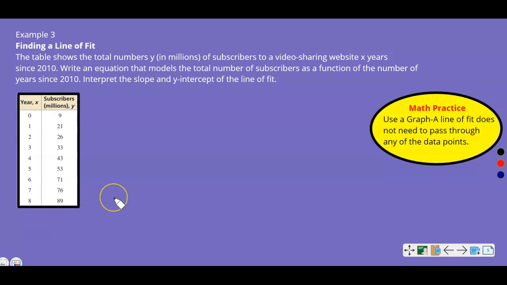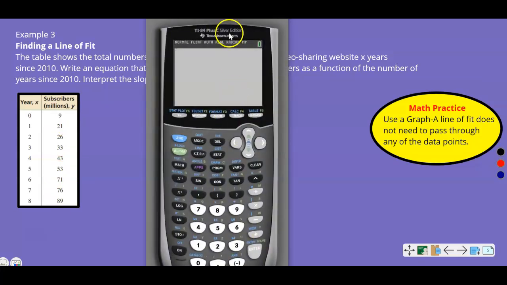An easy way to do this is to take two points and determine the slope. You can graph these points, look at the scatter plot, and then use the two points to write an equation. You also can use your calculator if you know how. So I'm going to show you how to go through the steps to do this.